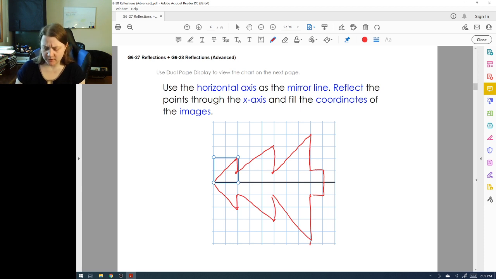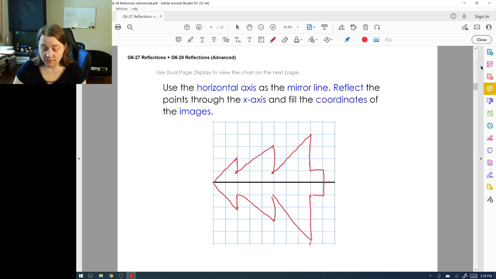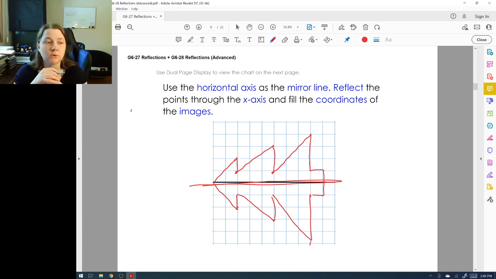Or, a whole bunch of arrows together. So, if I were to look at these points and I were to want to reflect them across one of the lines, we had a horizontal axis. So in order to reflect the points across the horizontal axis, we would want to keep the first number, the x coordinate, the same, because that's how far we ran.